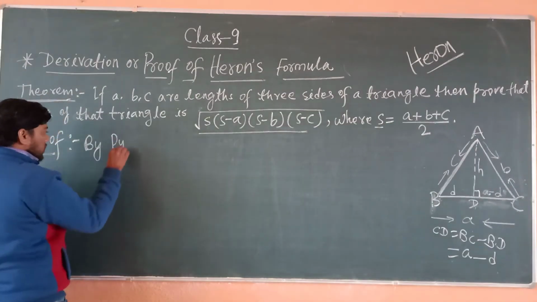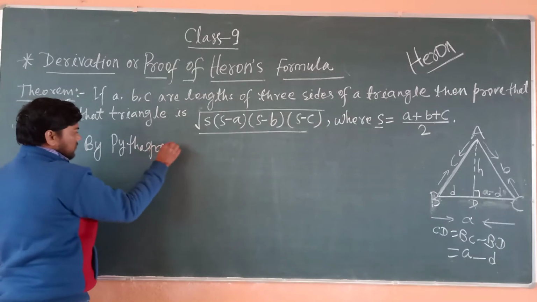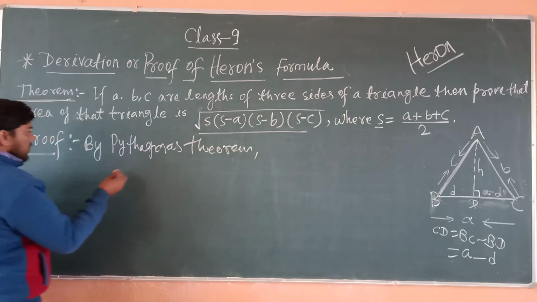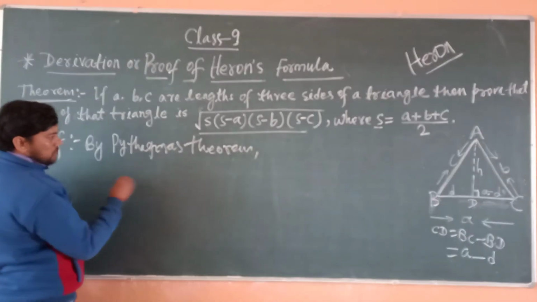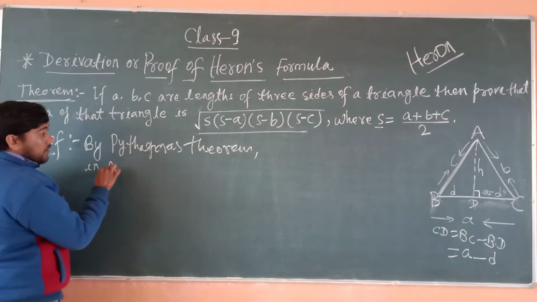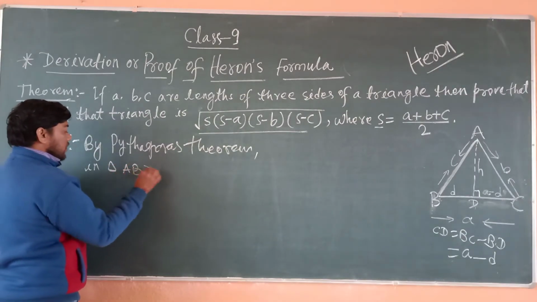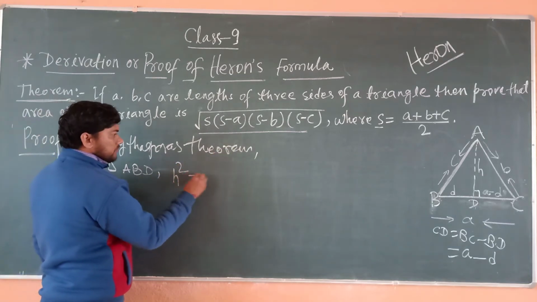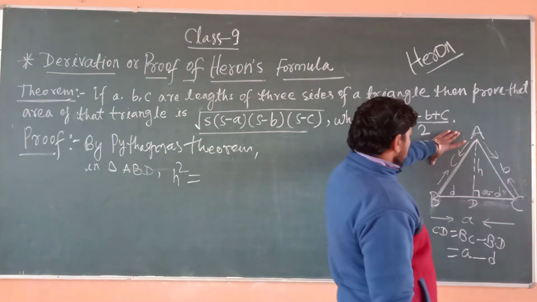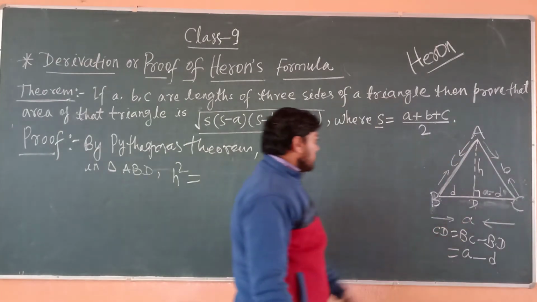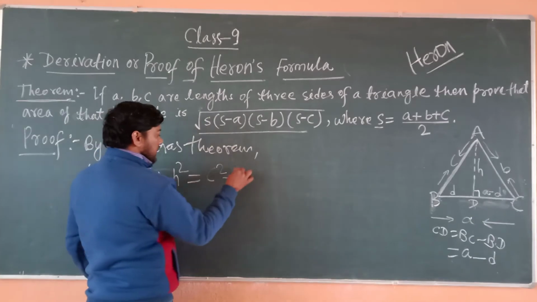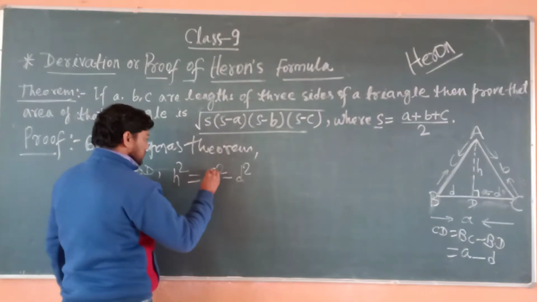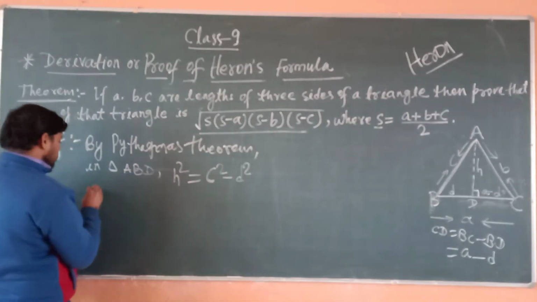So by Pythagoras theorem, in triangle ABD, h square is equal to c square minus d square.